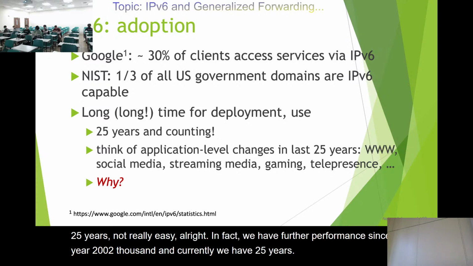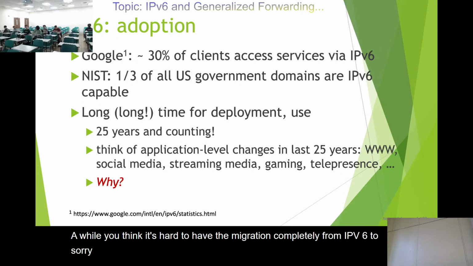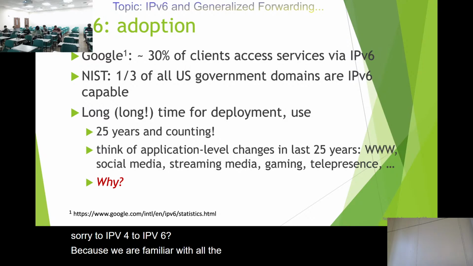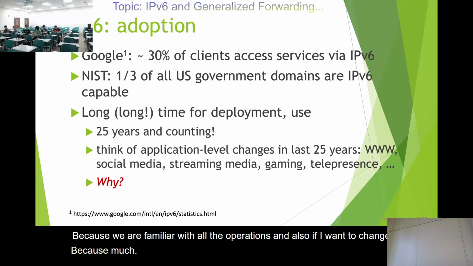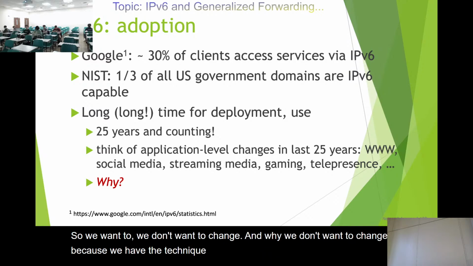And why do you think it's hard to have the migration completely from IPv4 to IPv6? Because we are familiar with all the operations, and also if you want to change, it possibly costs much. So we don't want to change. And why don't we want to change? Because we have the technique of NAT.